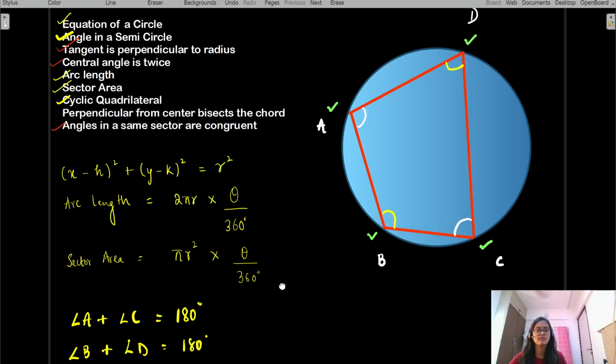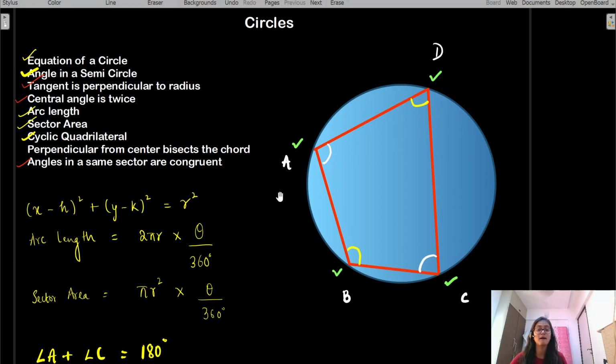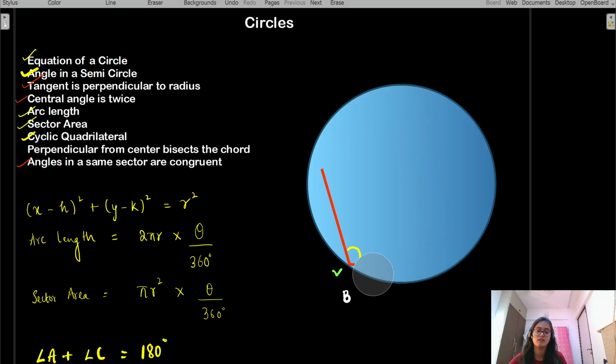Finally, the last one says a perpendicular drawn from the center bisects the chord. This is really important. If you have a center and a random chord, you just draw any random chord, and you draw a perpendicular from the center to this chord.